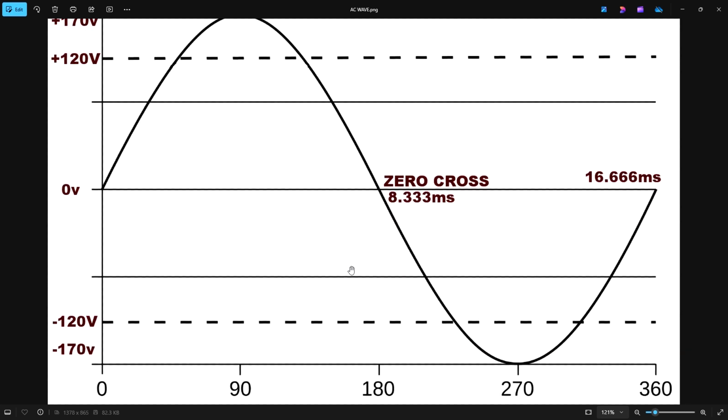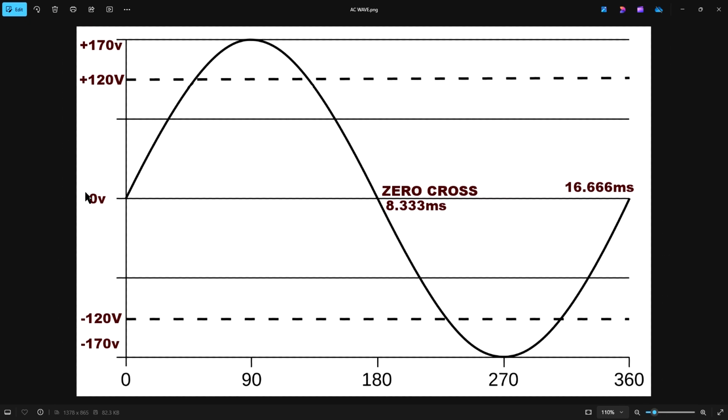So here we're looking at an AC waveform. What you see here is, at 0 degrees, this is your phase, the angle of conduction, if you will, your voltage is actually 0. There is no voltage, so there is no current being conducted.